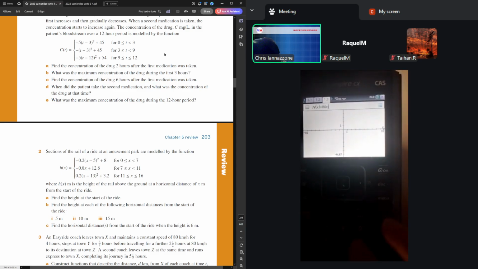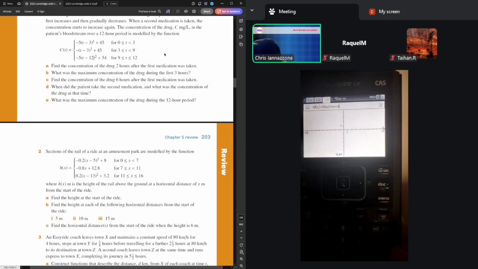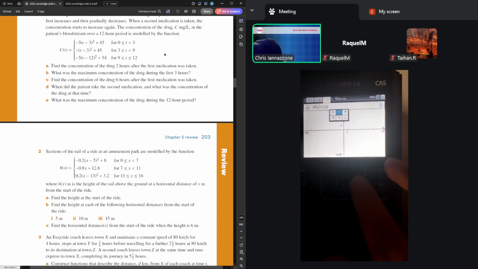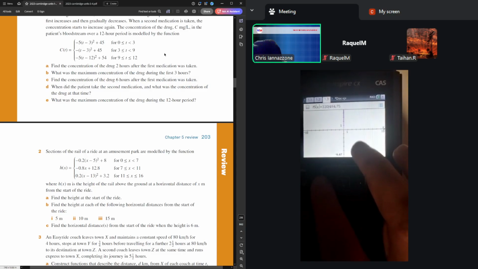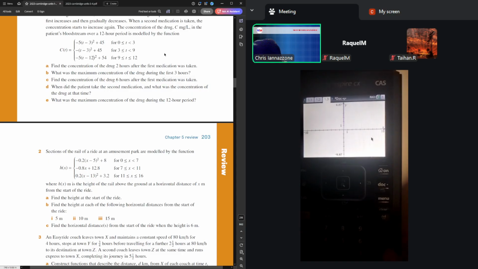So if we have 80x from 0 to 4, we're quite happy. If we have 320 from 4 to 4.75, whoops, didn't put the x in there, you should also be quite happy.